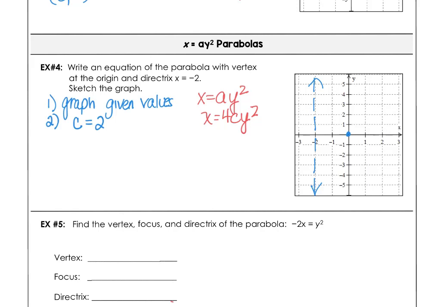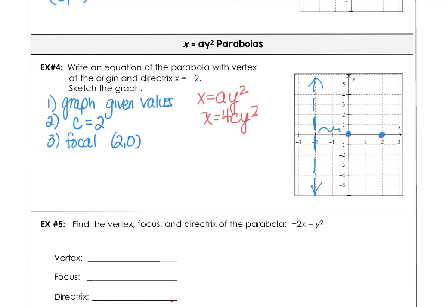So graphing our given values, we know that c is 2 because the distance from the vertex at the origin to the dotted line, -2, is 2. That puts the focus over here at 2, 0. So we know the focal point is at 2, 0. And we know 4c equals 8.